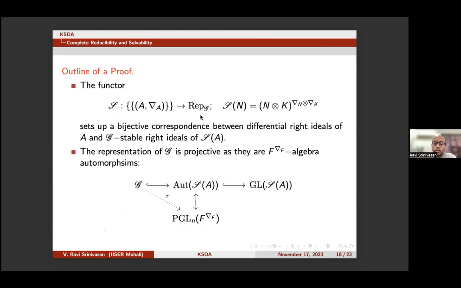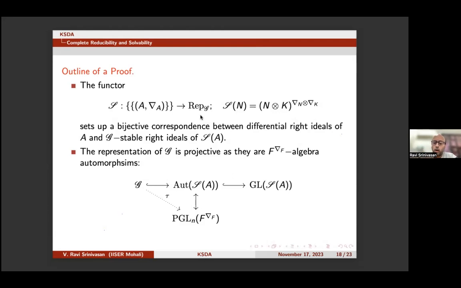And what you also see is, again, since we are working with algebras, the SA is basically A tensor K, the constants of A tensor K, and the group acts as automorphisms. So the action is essentially on the second coordinate, and you can readily see that sigma is actually an automorphism.